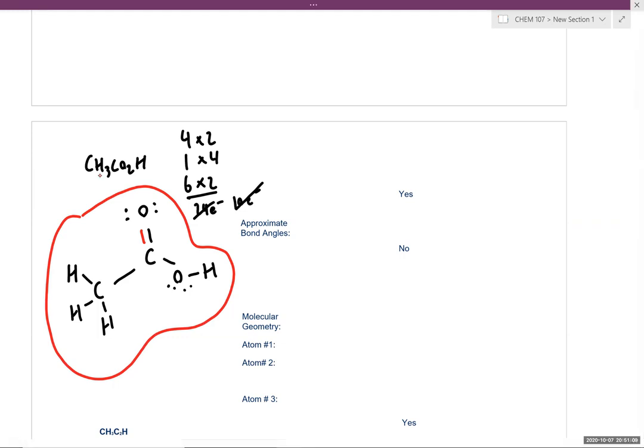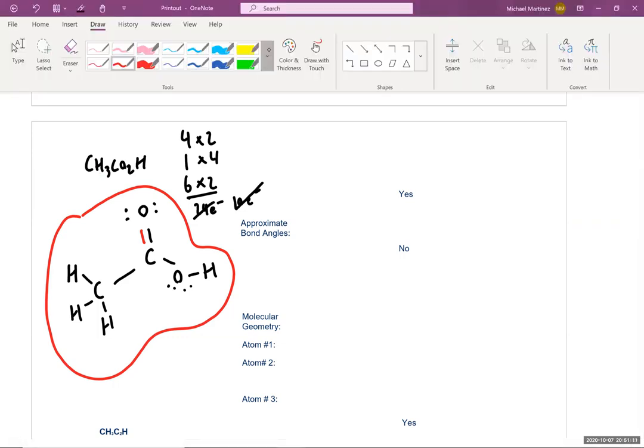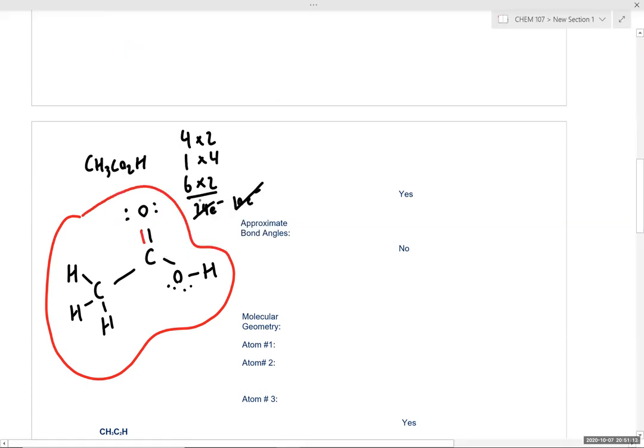So let's look at each of our atoms and assign the geometry. I'm going to label these 1 and 2. So for carbon 1, what is the geometry?